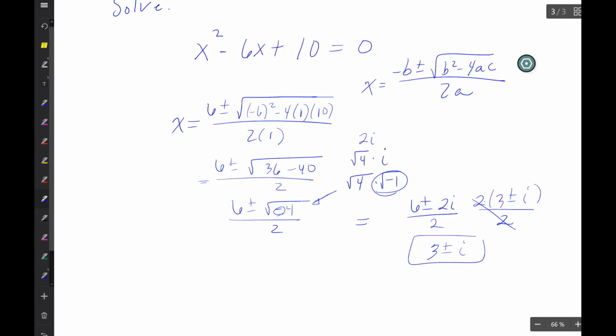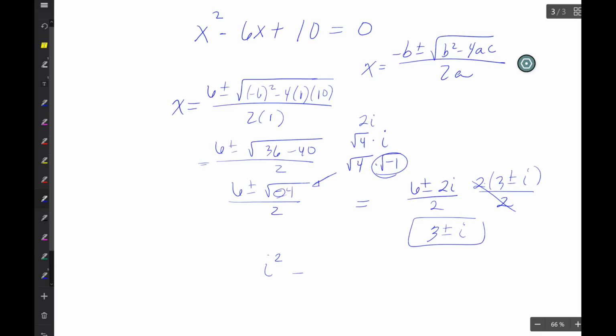Okay. Do you guys remember what I squared is equal to? Wait, because it's the square root of negative 1. Well, hold on, give me a second. I'm sometimes wrong. But I is equal to the square root of negative 1, right? So what's the square root of negative 1 times the square root of negative 1?